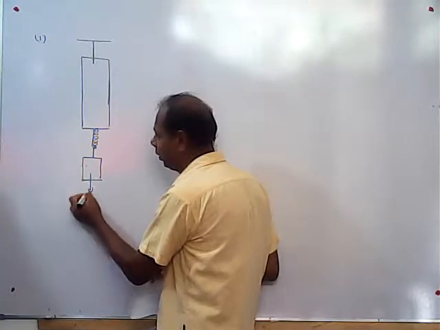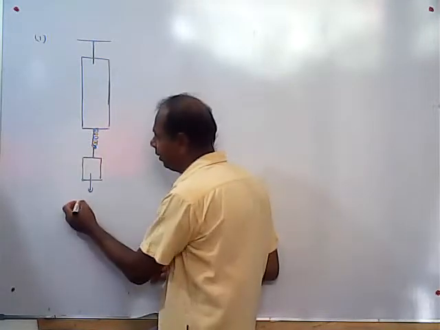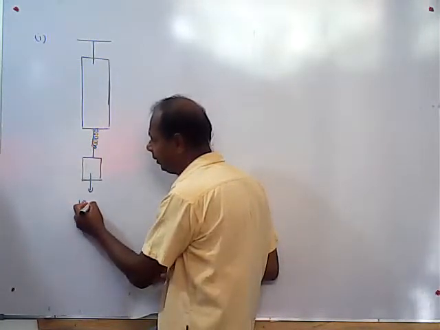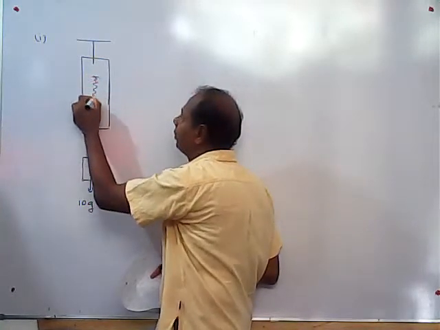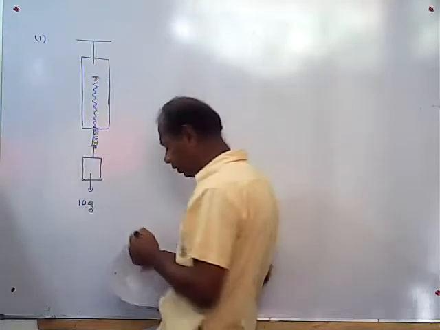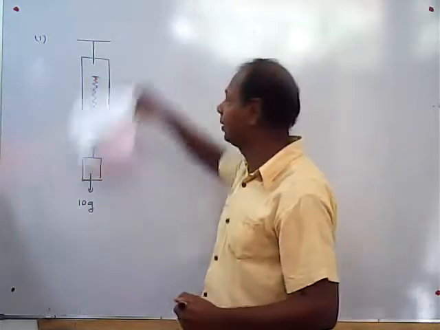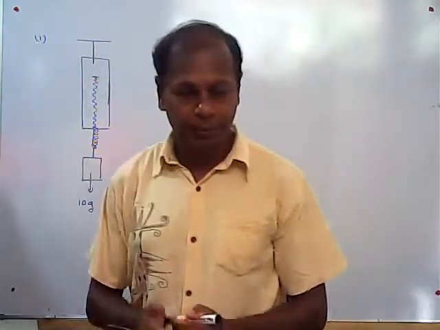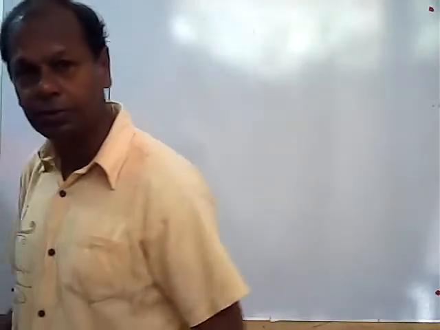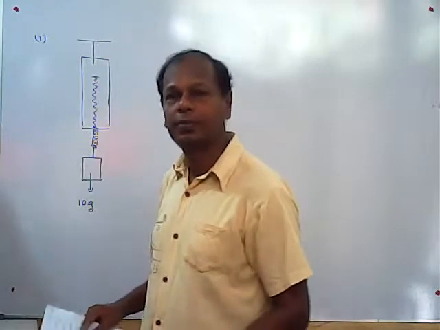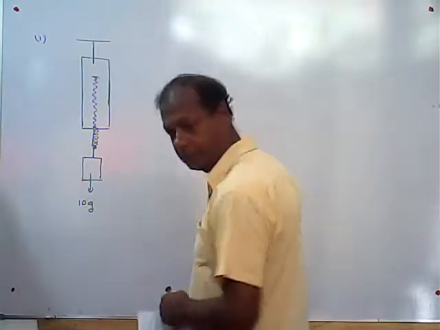So going down towards there is the weight 10g. You have to find the reading of this spring balance in each case, as the elevator goes up and down.